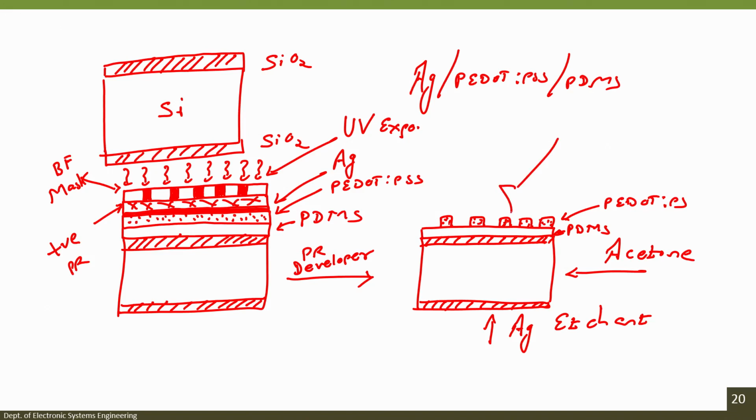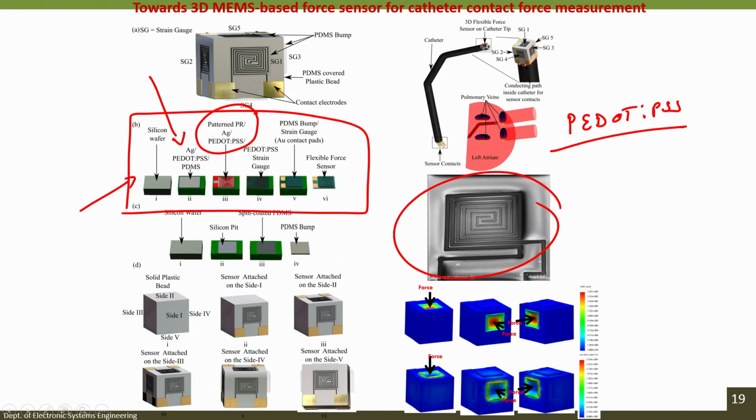This step is shown here, alright. These are the steps that you have to follow so as to get the particular pattern of PEDOT:PSS.